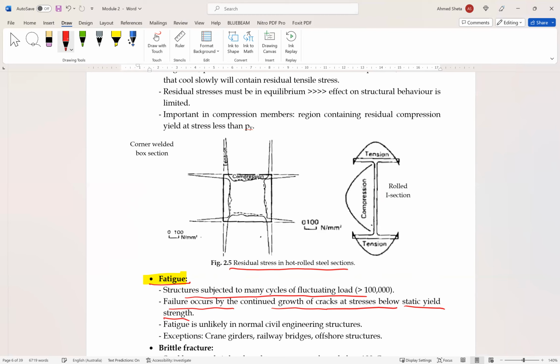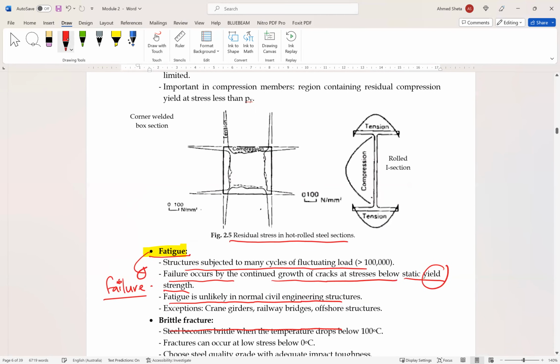So in some cases, the steel will fail due to fatigue before reaching the yield strength. Fatigue is unlikely in normal civil engineering structures, but for structures under repeated or dynamic loads, fatigue is important.